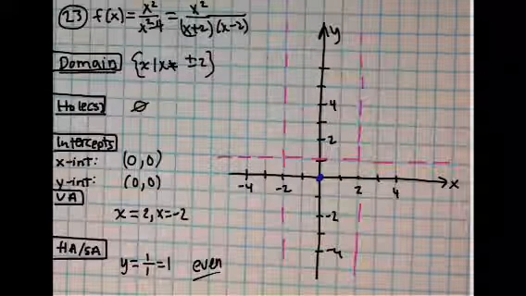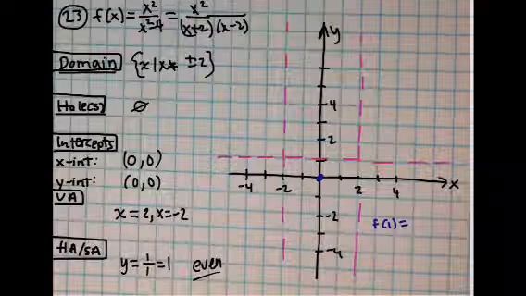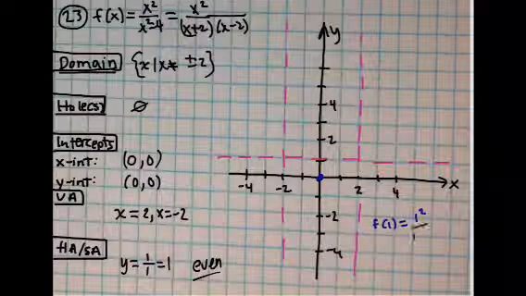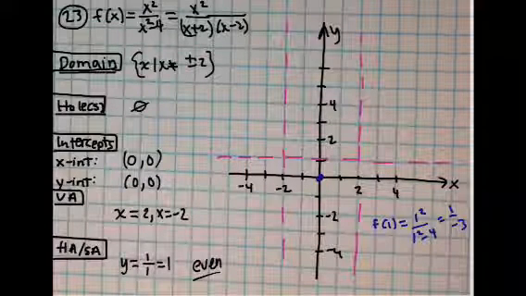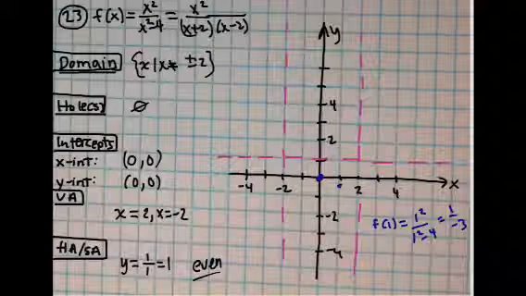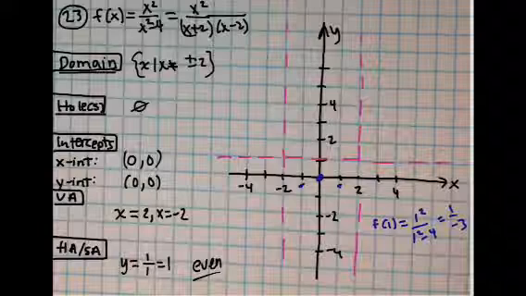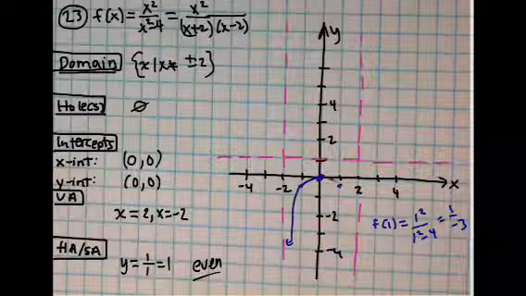I'm going to put f of 1 equals 1 squared over 1 squared minus 4. So that gives you 1 over negative 3. So negative 1/3, so it's going to be about here. And since this is an even function, I know that at negative 1 it's also going to be negative 1/3. Okay, so that's going to go like this.